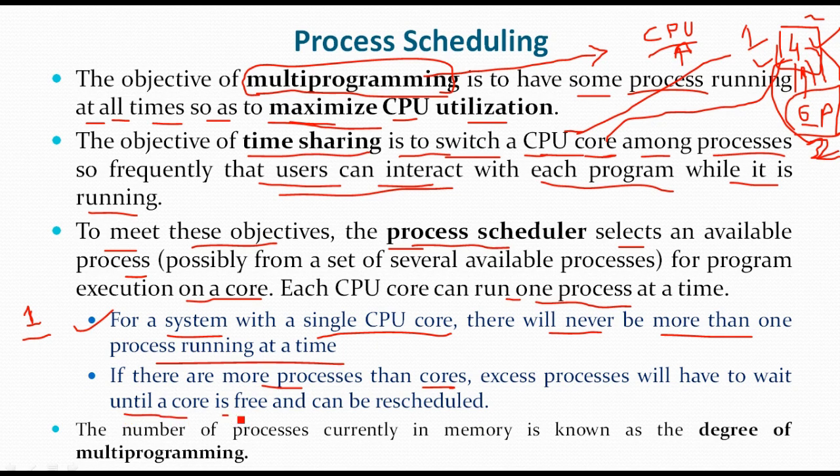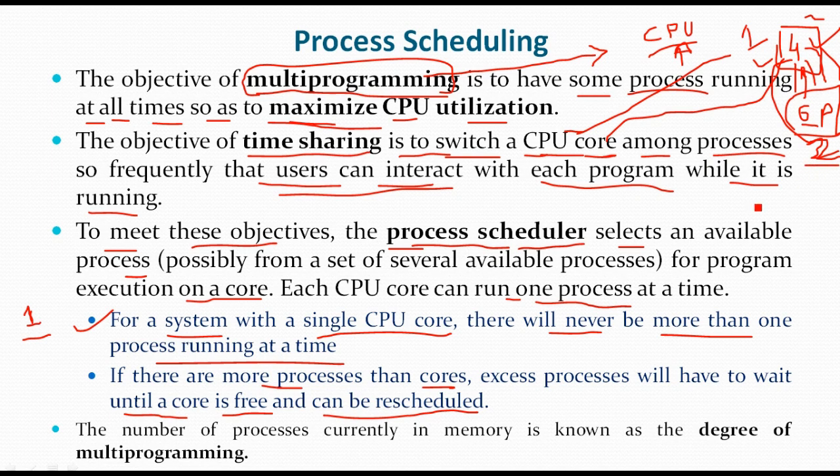As I said, 4 cores will get 4 processes. If any process completes its execution, it can leave the core, and the waiting process can get the freed core. So it can be rescheduled. This is the work of the process scheduler, to allocate the free core to the waiting process.